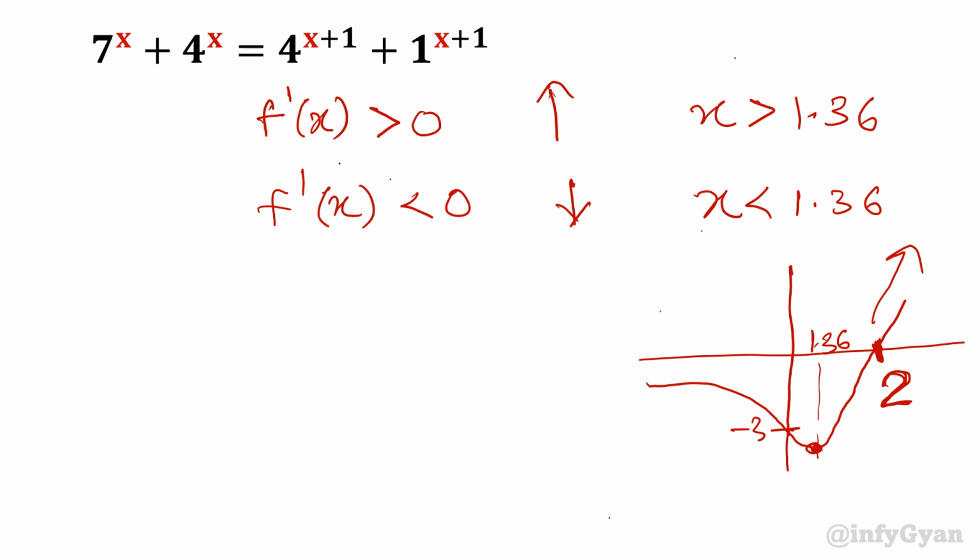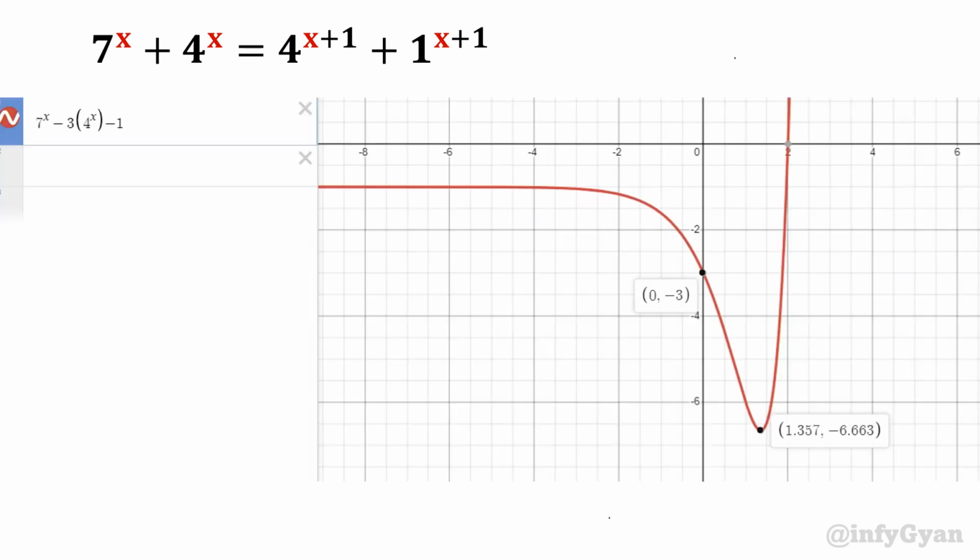So let's see the graph part also. You can see this point is -1, and see the graph is intersecting the y-axis, y-intercept at -3. This is your minima at 1.36 or 1.357, and then it is moving up.